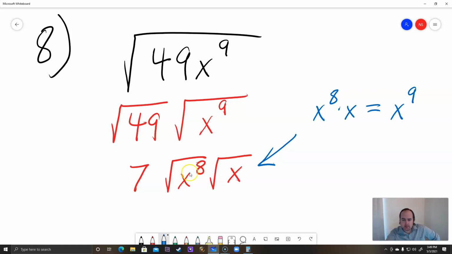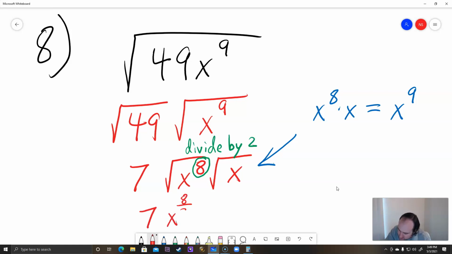So I can actually simplify this one. But that's kind of tricky. It's a trickier problem. So here, for the x to the 8, we're going to divide that exponent by 2. Alright, so we're going to have 7 times x to the 8 over 2 times the square root of x.